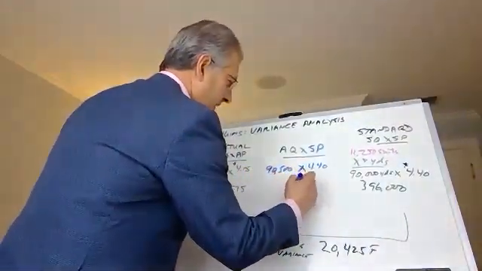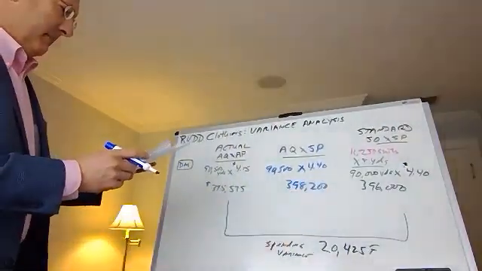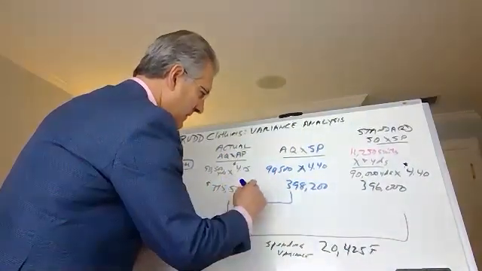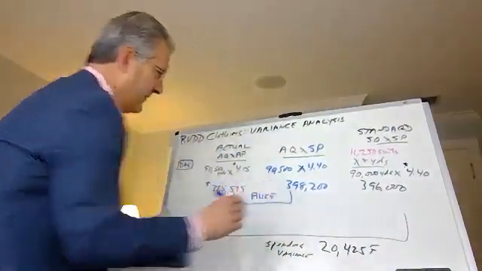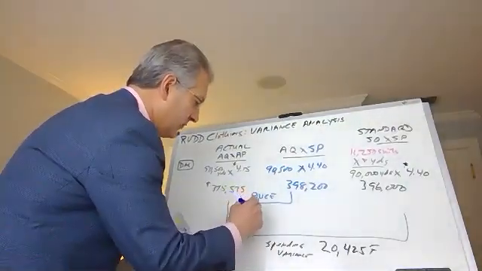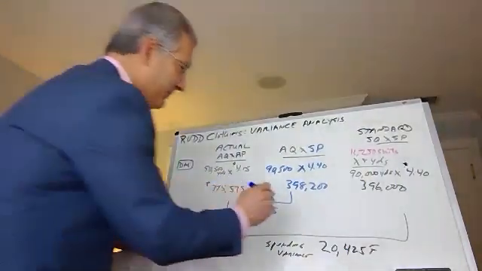This is $398,200. So you have a price variance here, which is favorable, $22,625.